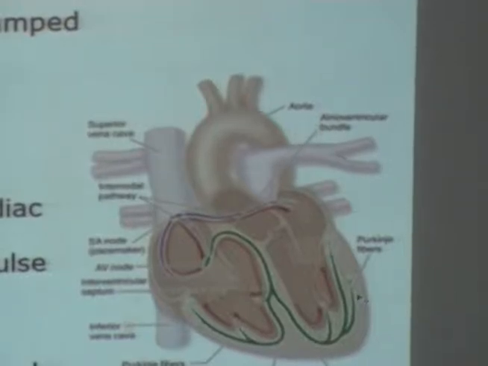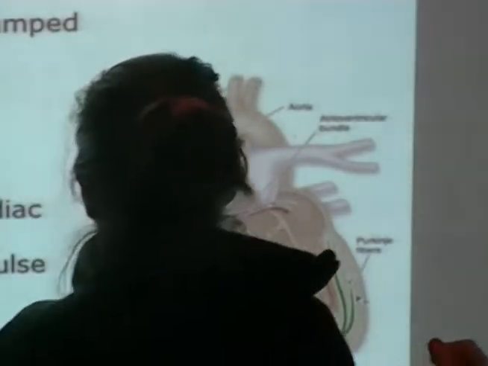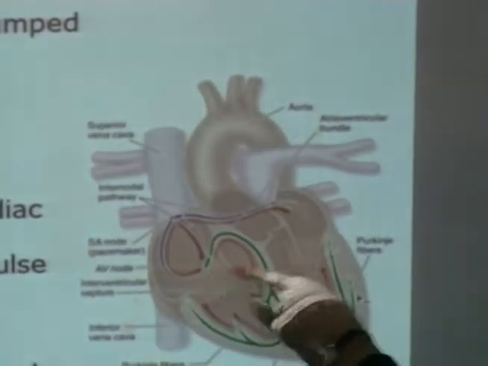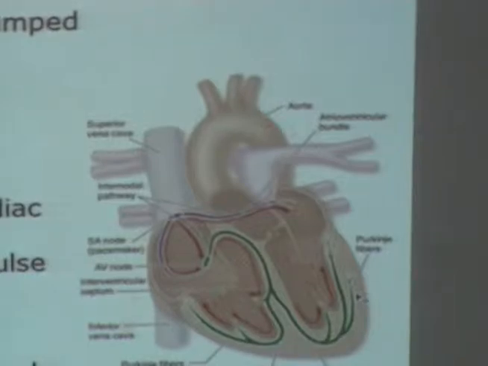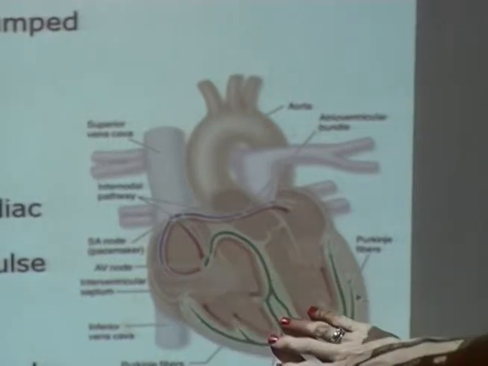There's like this wave of contraction across the heart. Okay? So the AV node is responsible for hanging on to that electrical signal for about 1/10 of a second and then initiating it off across the ventricle.